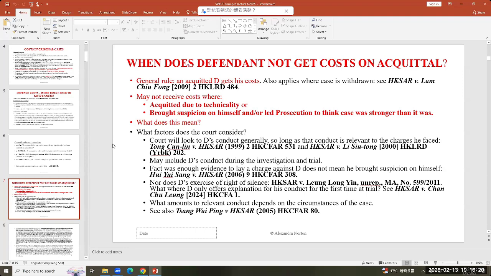The court will look at his conduct generally, and it can even include his conduct throughout the investigation, not just his conduct at trial. But a defendant who just exercises his right of silence should not be penalized with a costs order against him. An example of when a defendant who's acquitted may not get his costs is, for example, if he's made inconsistent statements to the police, then he would have brought suspicion upon himself.